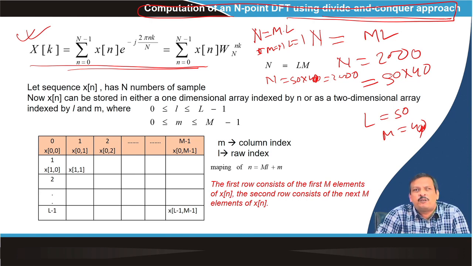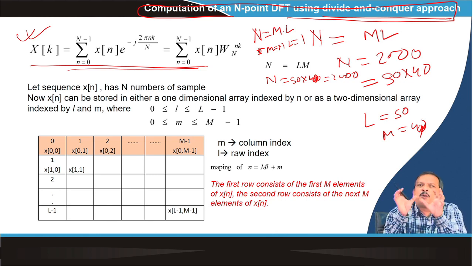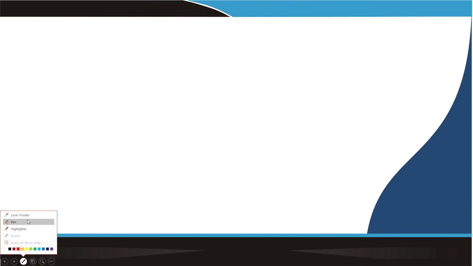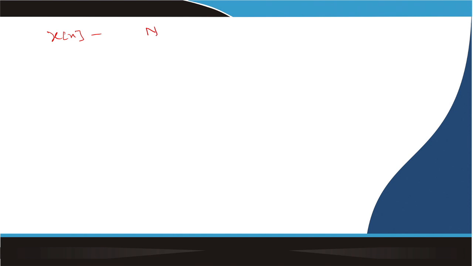If it is a non-prime number, or it can be expressed as a product of two numbers, then I can divide the n sequence into two parts. One is m, another is L. Now, suppose I have x of n, where n number of samples are there.